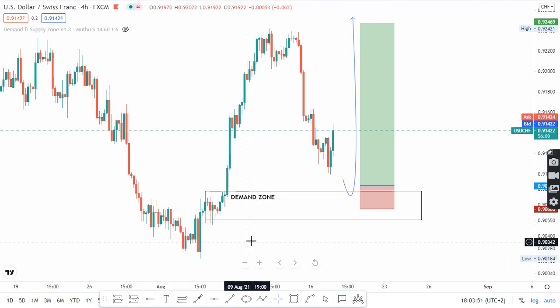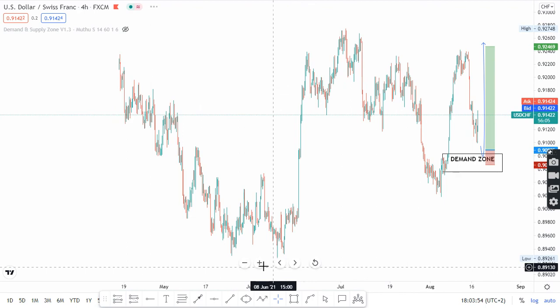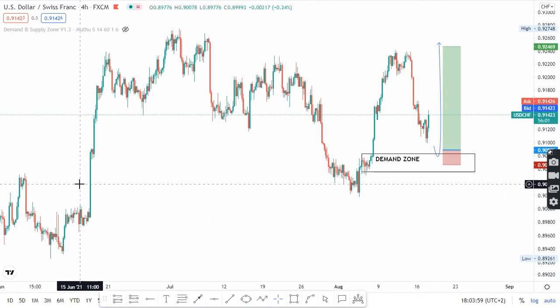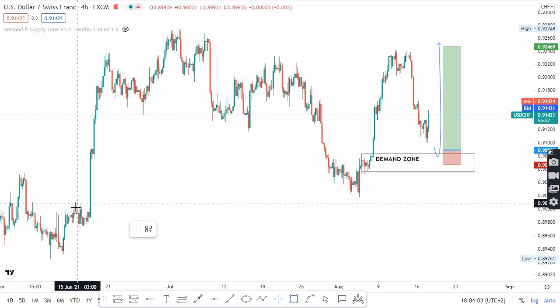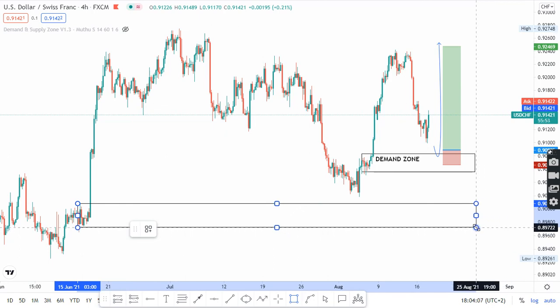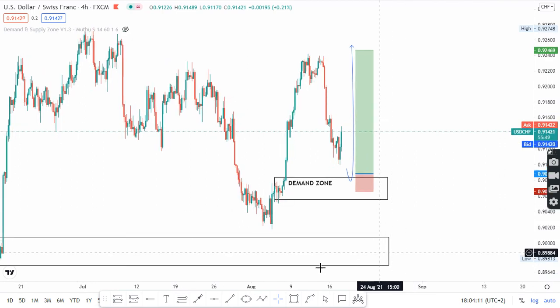Do we have multiple demand zones below this demand? Just zoom out and look to your left. Do you have more demand zones? We have a demand zone just right below here. So it qualifies. What else?